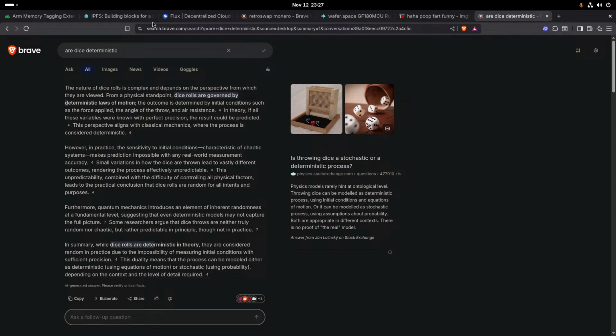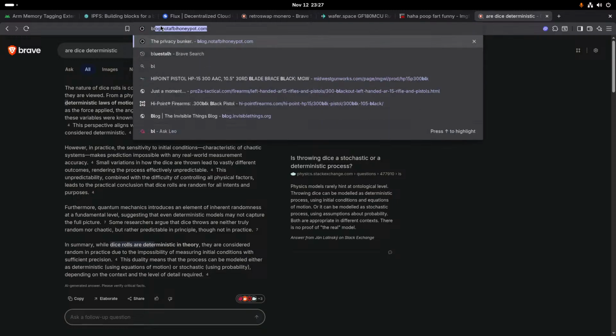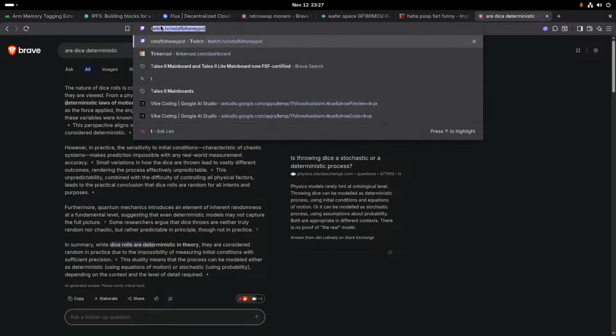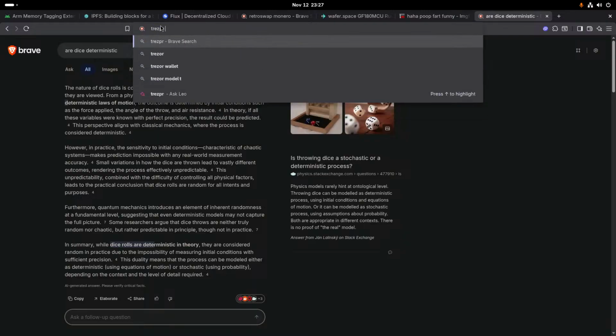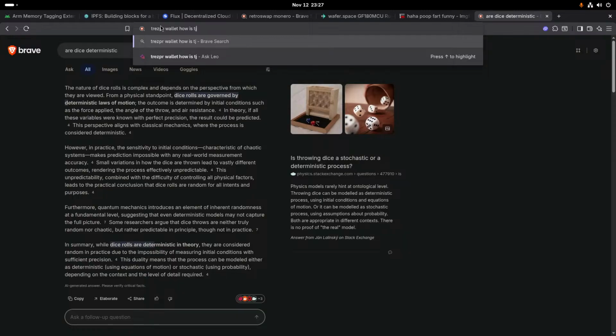Let's look at the Blockstream Jade. What's the most popular Trezor? How is the seed phrase made?